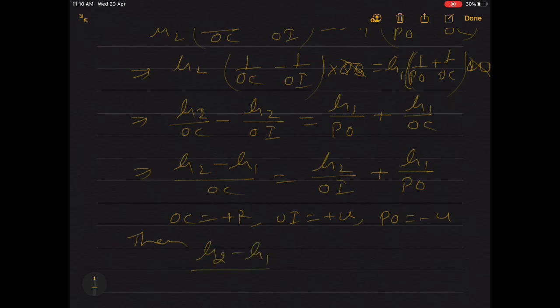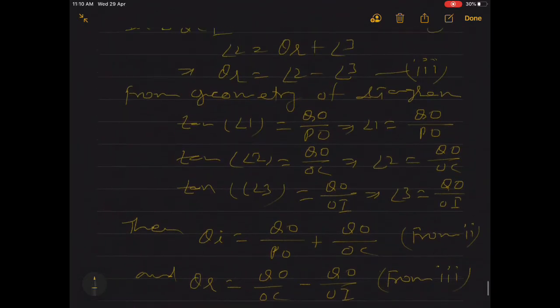Then mu2 minus mu1 upon R is equal to mu2 upon v minus mu1 upon u. So this is the relation between the radius of curvature, image distance, object distance, and refractive indices of the two media, that is rarer medium and denser medium, for the refraction at spherical surface.